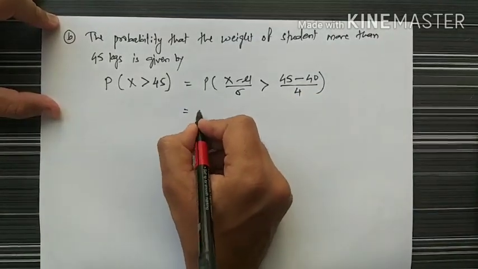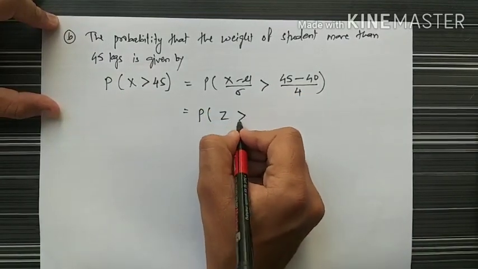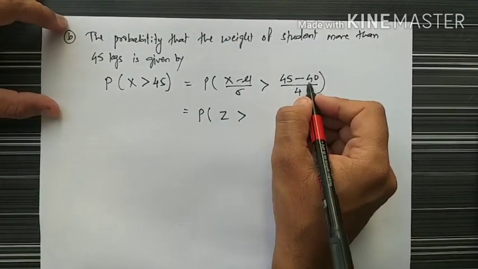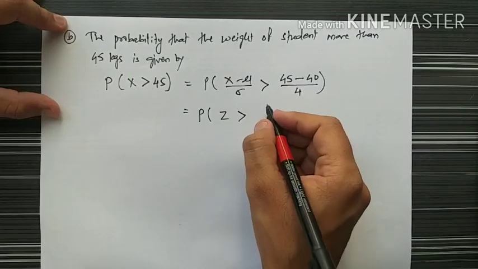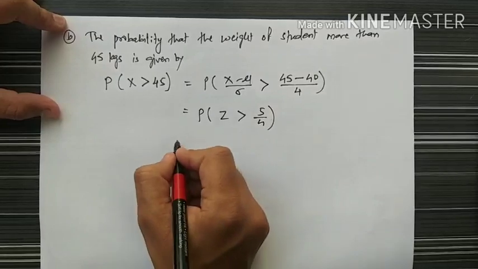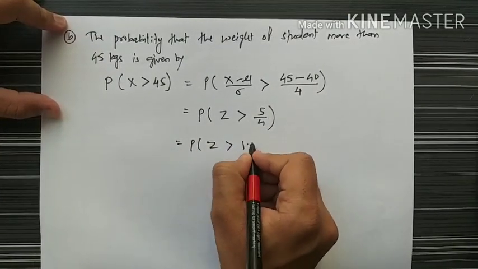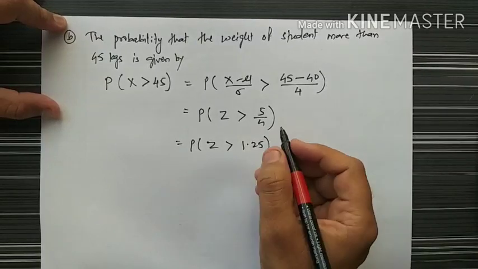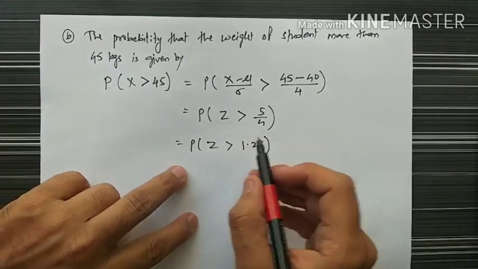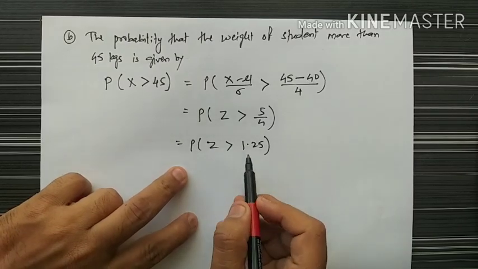So Z is greater than (45 minus 40) divided by 4. We get 5 divided by 4, so Z is greater than 1.25. So the probability that X is greater than 45 is nothing but the probability that Z is greater than 1.25.